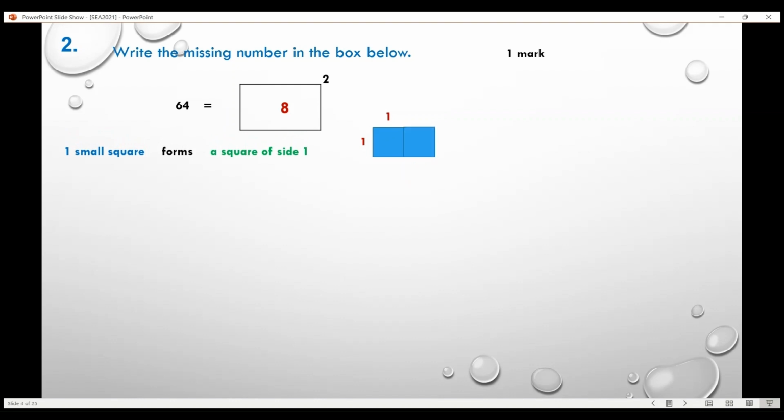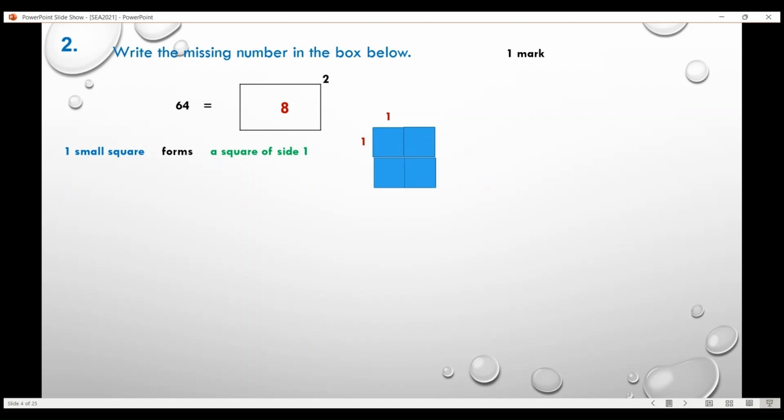If we added another square to it, we'd have 2 squares together. Could they form a larger square? They can't. What about a third square? If we rearrange it, we still won't get a larger square. What about 4 squares? Could we rearrange it?